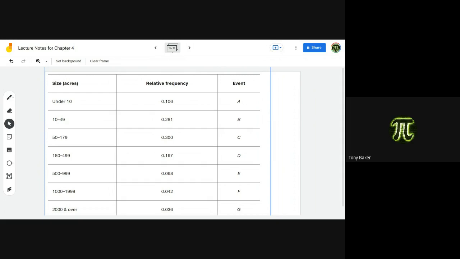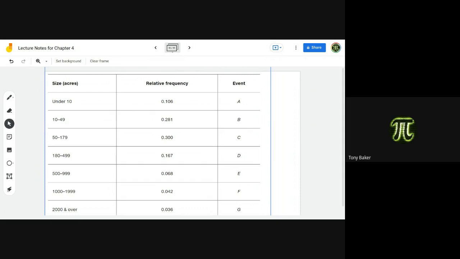Are all these events mutually exclusive? They're all mutually exclusive. Okay. So what else does this look like? Now we're going to go back to the relative frequency table. We can turn this into a histogram, whatever we want.